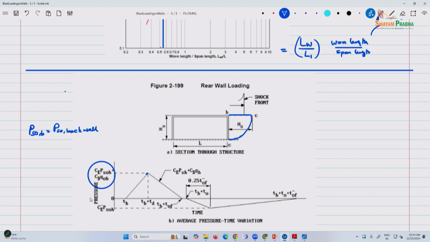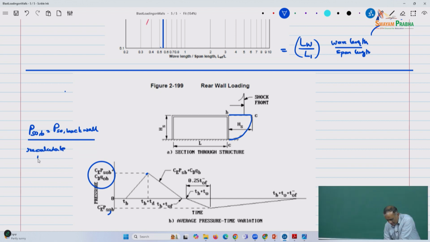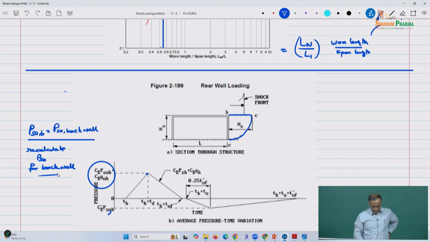So drag coefficient, and then you also have CE minus PSO. So you recalculate PSO for the back wall. You can use the same PSO for the side wall and front. The same PSO that you calculate for the front wall, you can use for the side wall and roof. For the back wall, you can use a different one.